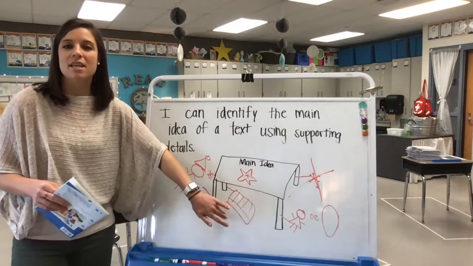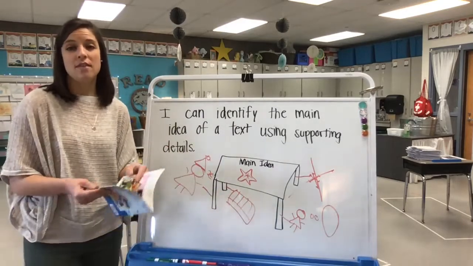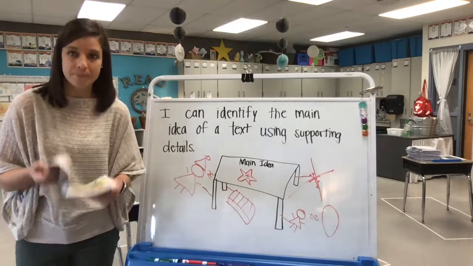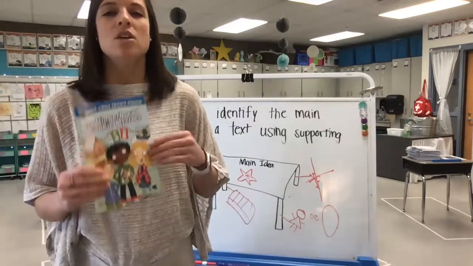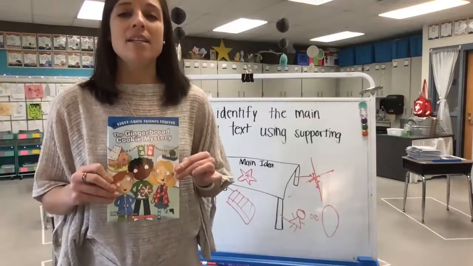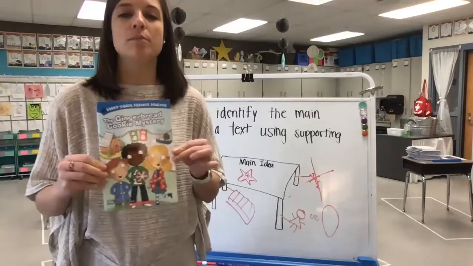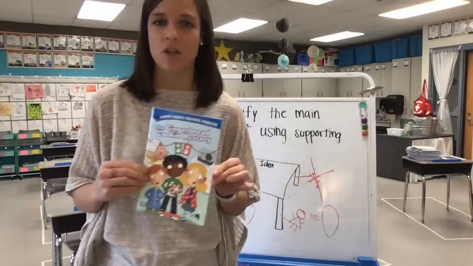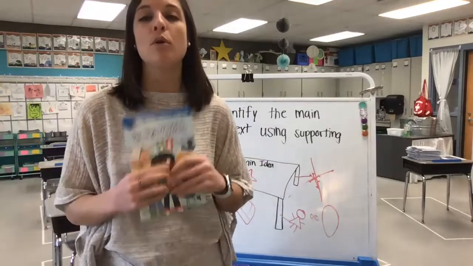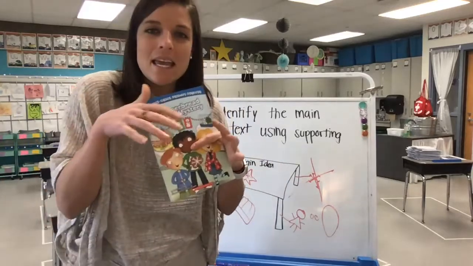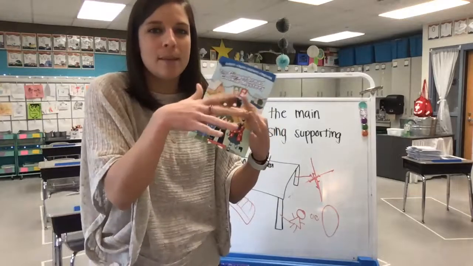The rat is the character that we see at the end of the story that ends up being an important part of our mystery. So the main idea is the big idea, what the story is mostly about, the mystery of the cookie. The supporting details that tell us about that are the things that are important in the story that lead us up to, ooh, what is the mystery?